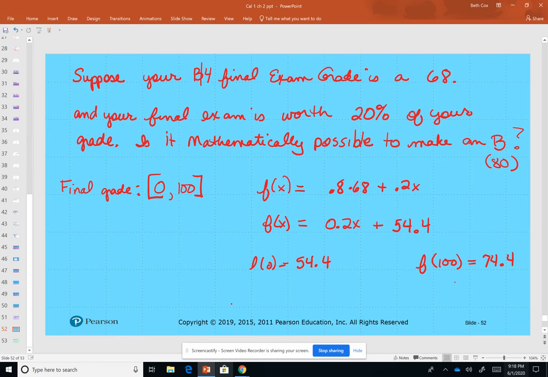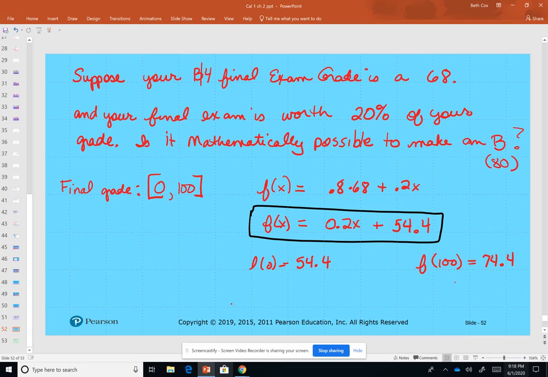Okay, so your final grade is an interval. You're either going to make a 0 or you're going to make 100 or something in between. And that's your X, that's what it's going to be. And your function there is this one right here. I want you to see how I got that function.